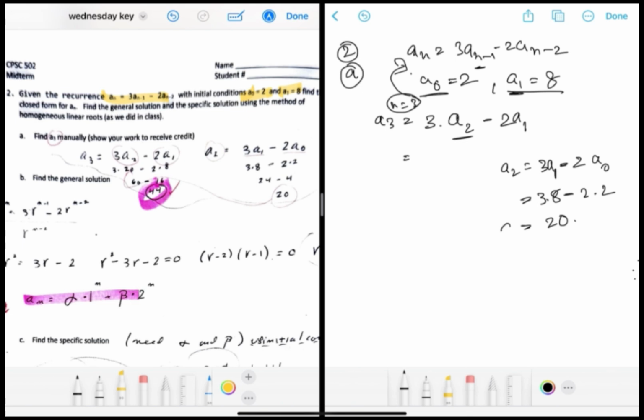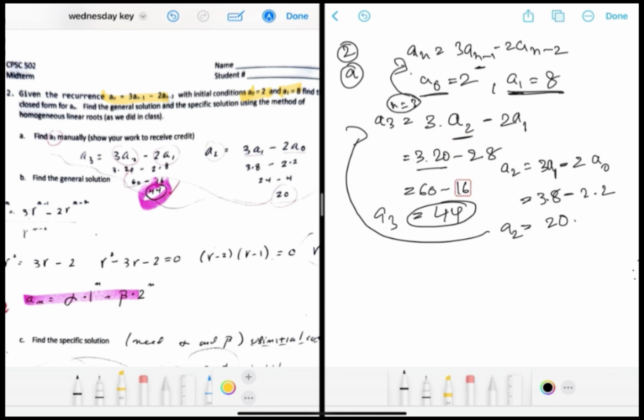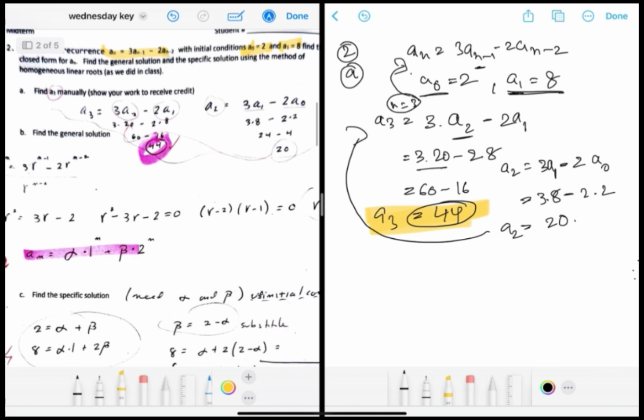So we have the A2 value. If we substitute this here, we'll get A3: 3 times 20 minus 2 times A1, which is 8. So it is 60 minus 16, which is 44. A3 is 44, and that is our solution for the first part.